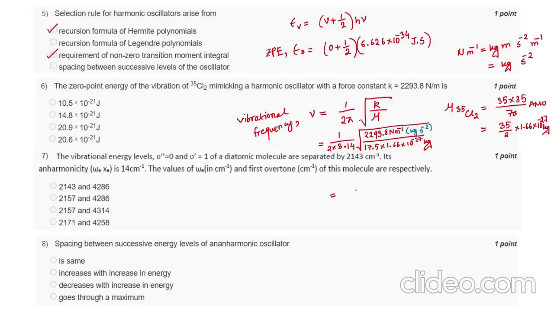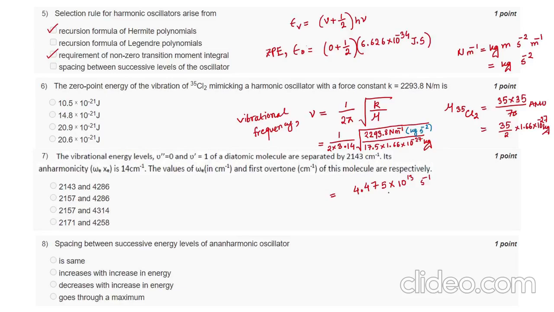So it is coming as 4.475 into 10 to the power 13 second minus 1, that is in Hertz.